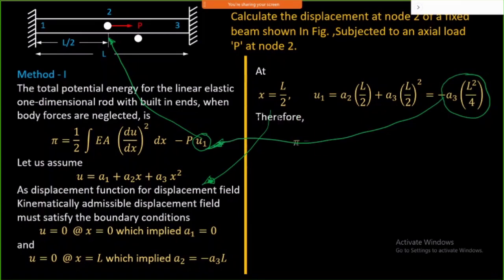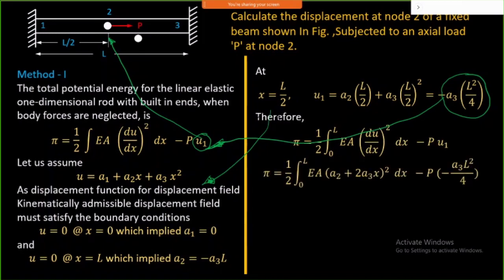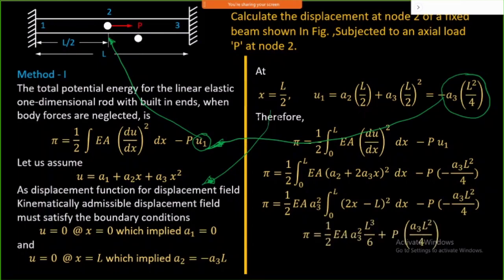So therefore, our equation, this equation will be converted into this. Du by dx, directly you can take the second derivative of it. That second derivative is nothing but a1 becomes 0, a2 plus 2 a3 x, and then bracket square, and you can substitute into this. Then after integrating over the entire length, we'll get the equation finally in this fashion.